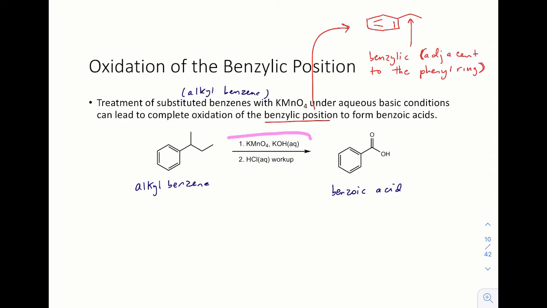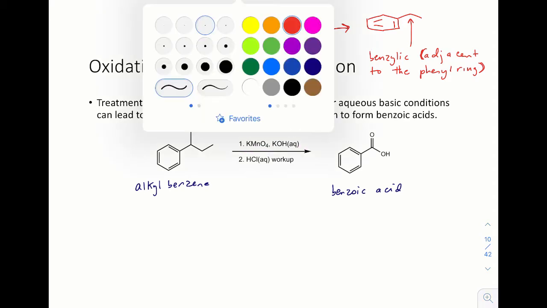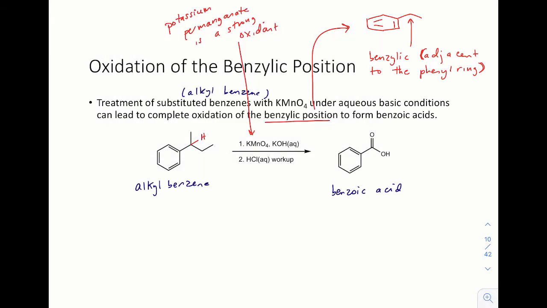However, potassium permanganate is a strong oxidant. The benzylic carbon is completely oxidized. This carbon-carbon bond breaks, this carbon-hydrogen bond breaks, this carbon-carbon bond breaks. And those bonds are replaced with 3 bonds to oxygen, and this carboxylic acid group results following an acidic workup.